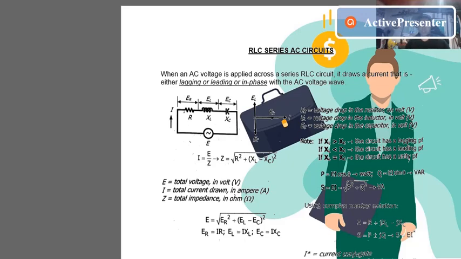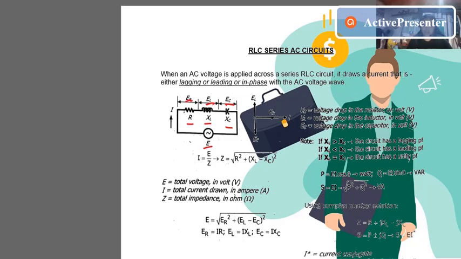In series, we are given the voltage drop across the resistor, ER, the voltage drop across the inductor, and the voltage drop across the capacitor. It is all in series, and then the source voltage drives the current.